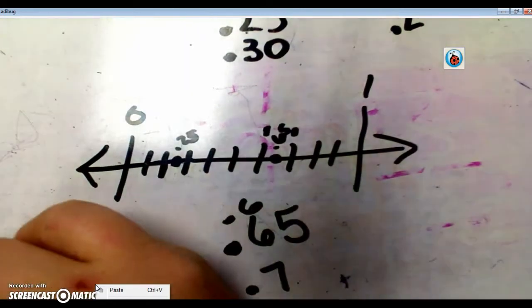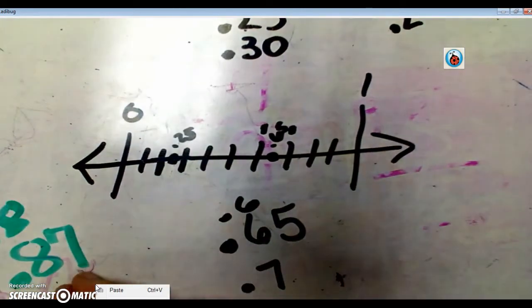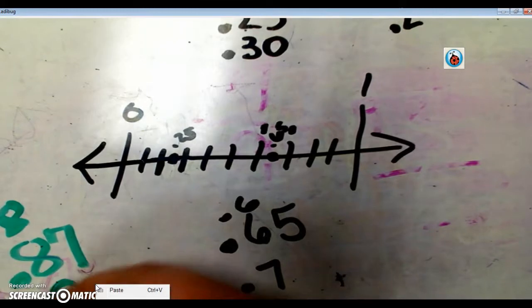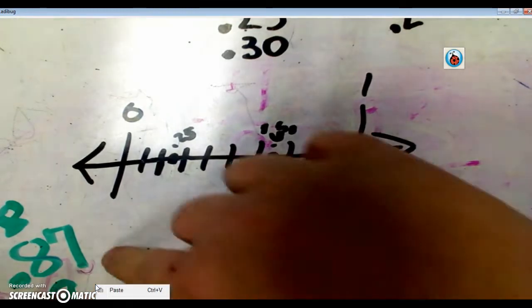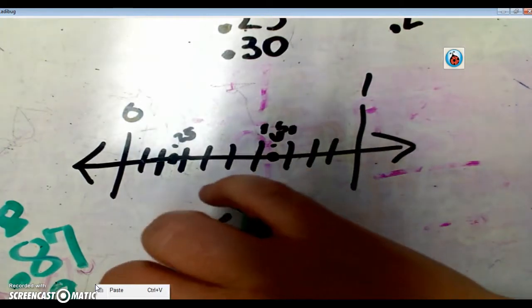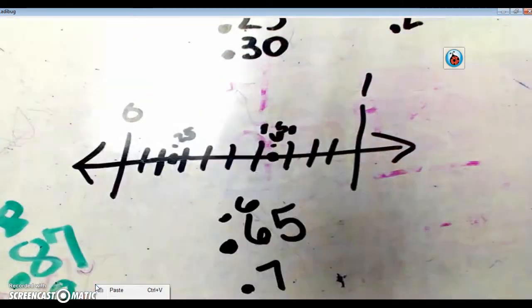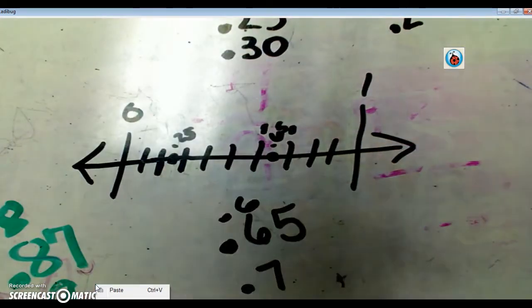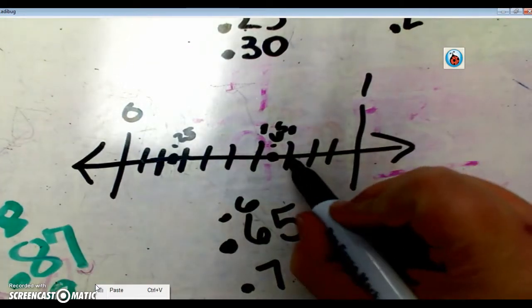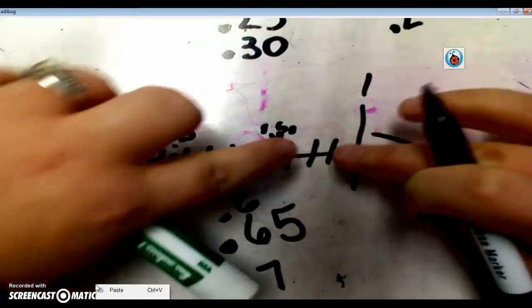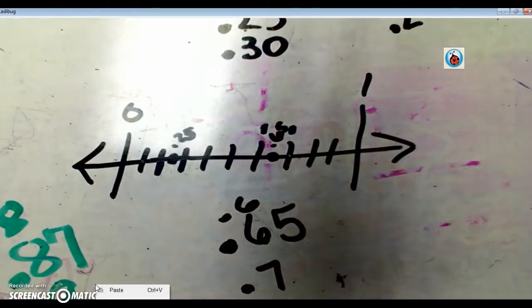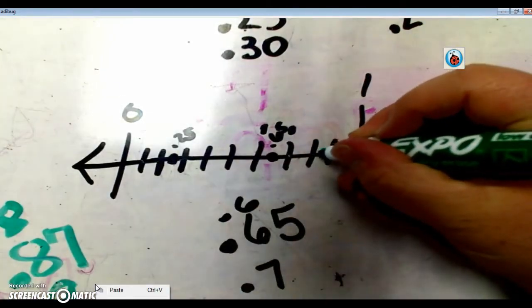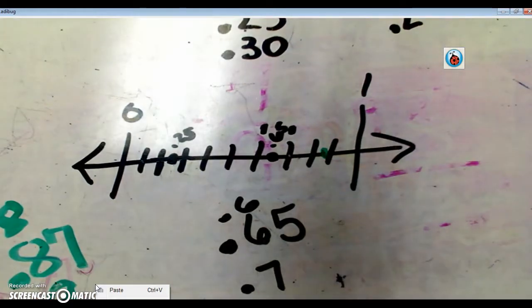Okay, because 8/10 would be the less than, and 9/10 would be more than. And 87 is closer to the 9 than it is to 8, right? Yeah. So I'm going to go find my 8 and 9/10. Well, here's 7, 8. So here's my 8/10 and my 9/10. 0.87 is going to go somewhere in the middle, more towards the 9 than the 8. Okay?